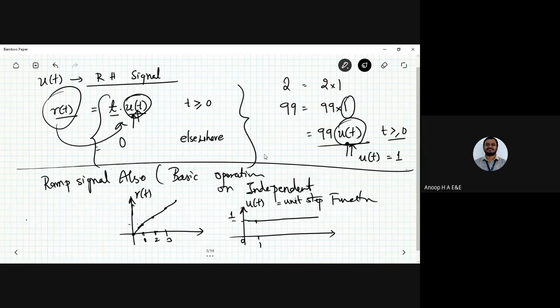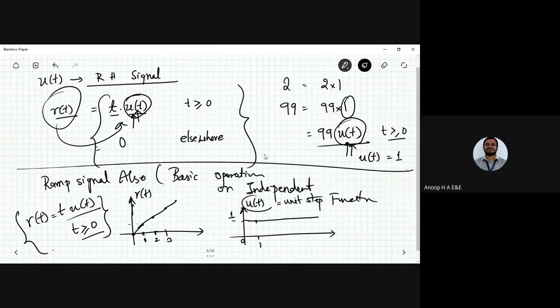Therefore, I can write r(t) equal to t into u(t) only when t is greater than or equal to 0. Any doubts? That's one of the good observations he has made. Yes, I have given you the mathematical way of expressing it. If you have any doubts, you can let me know.